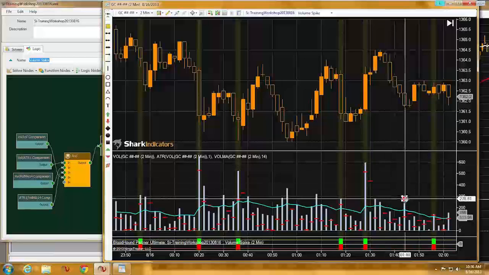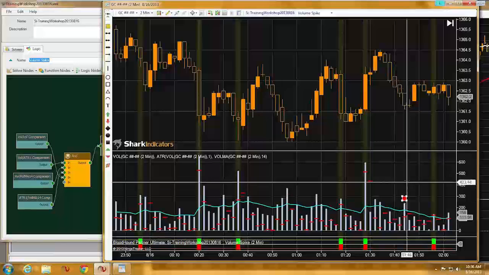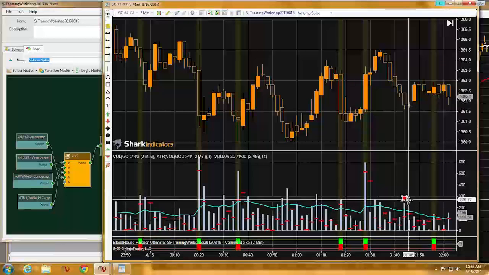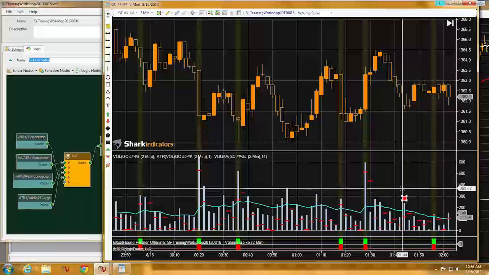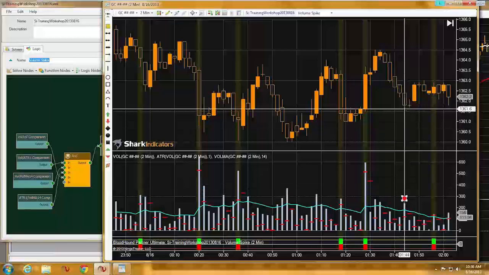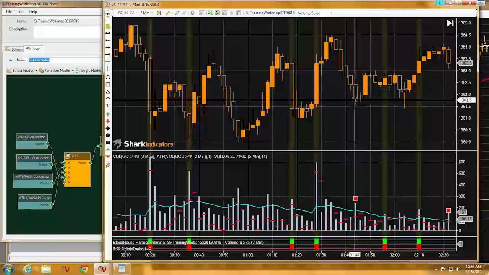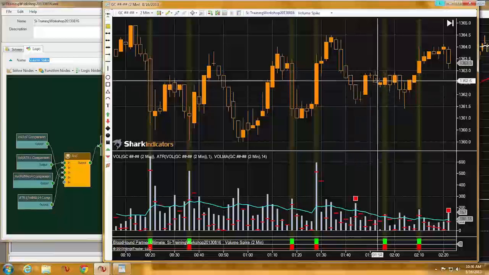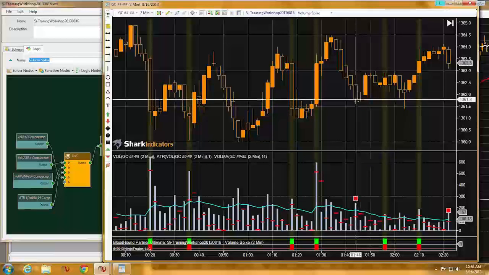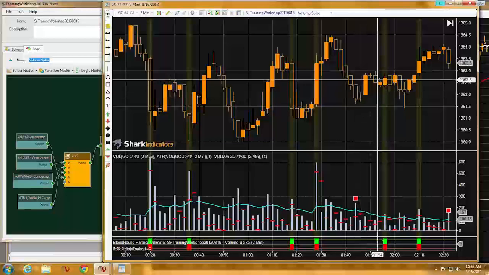This technical issue of not finding all the double volume spikes might actually play out to be pretty good. Although this volume spike did kind of identify a minor retracement pullback.